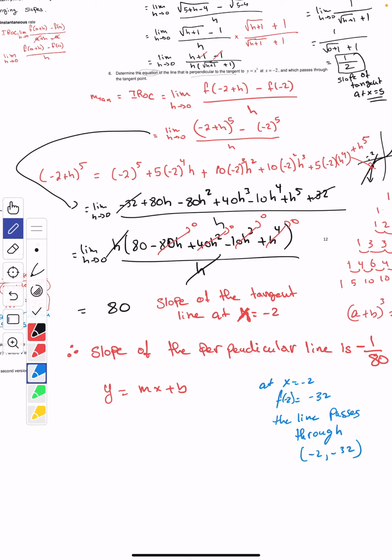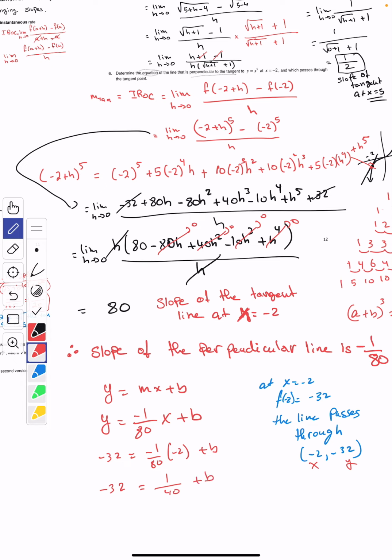So we know that the slope is negative 1 over 80, x plus b. We're going to use these x and y values to find b. So negative 32 equals negative 1 over 80 times negative 2 plus b. The negative and negative cancel each other. The 2 and the 80 simplify. So that's going to be 1 over 40 plus b.